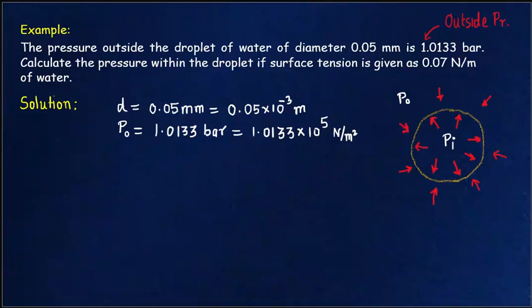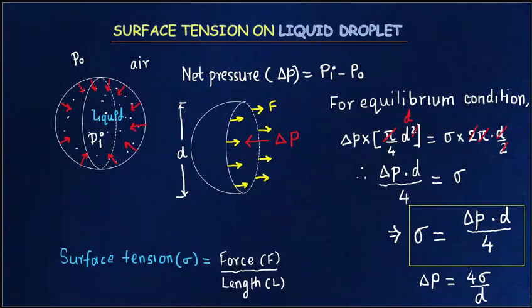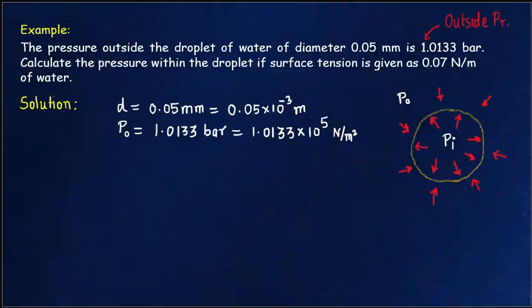So the outside pressure, atmospheric pressure, is given as 1.0133 bar. We have converted it into SI unit, that is Newton per meter square, by multiplying by 10 raised to 5. We have the expression that delta P, the difference of pressure, is given by 4 times surface tension by diameter. I'm going to use the same thing over here, friends.